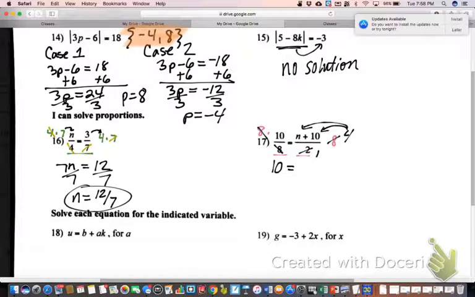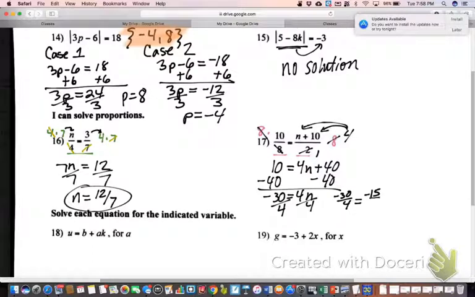So then I just need to multiply 4 by both of those. So that's 4n plus 40. Subtract 40 from both sides. Negative 30 is equal to 4n. Divide both sides by 4. So n is equal to negative 30 over 4, which is the same thing as negative 15 over 2.